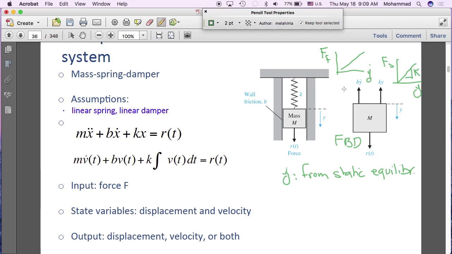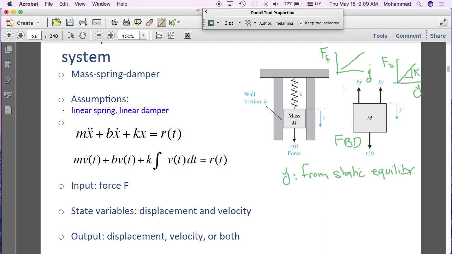How about the weight? Isn't the weight a downward force? It is a downward force, but why is it not included here? There are two options. One, you made a mistake.